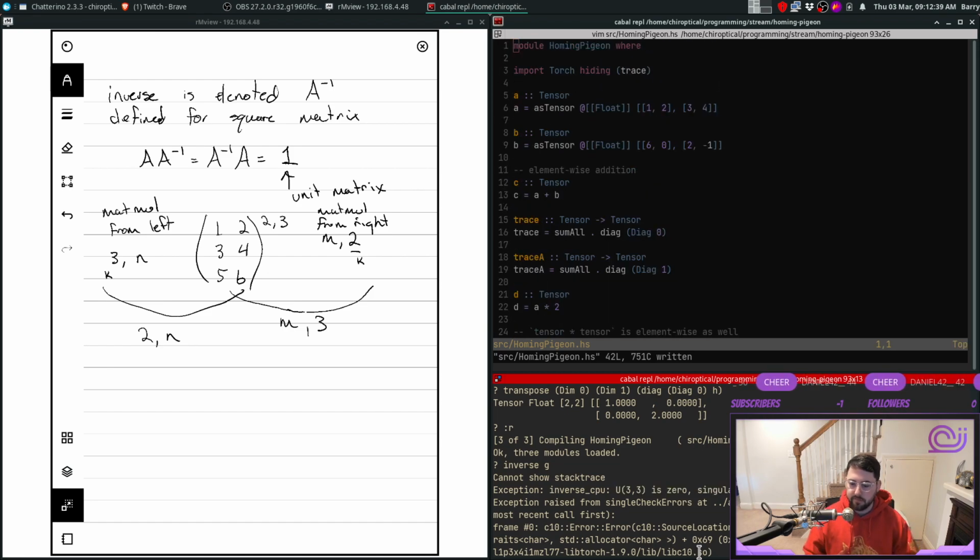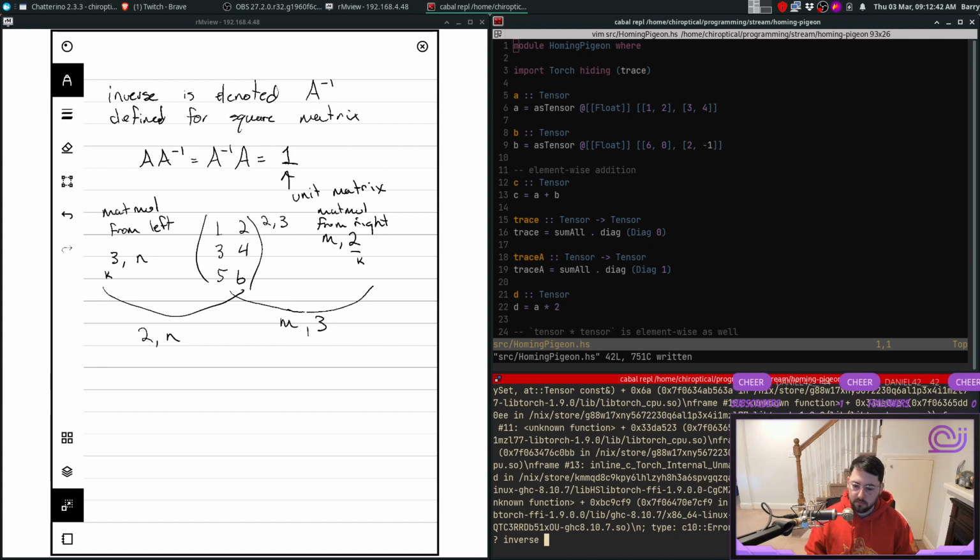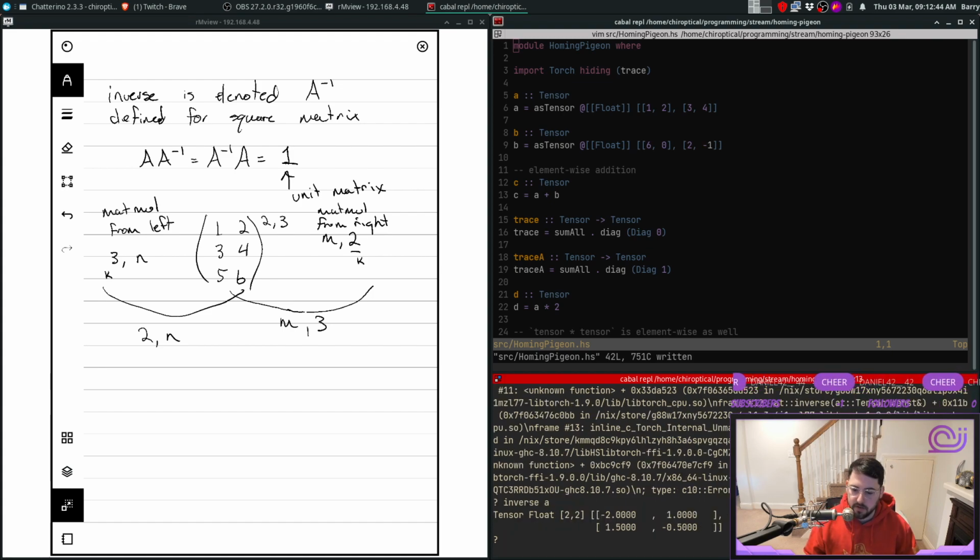Do the inverses of A or B exist? Apparently they do.